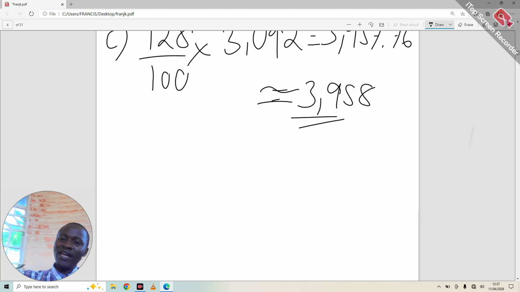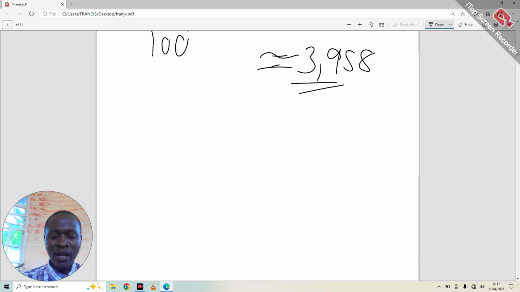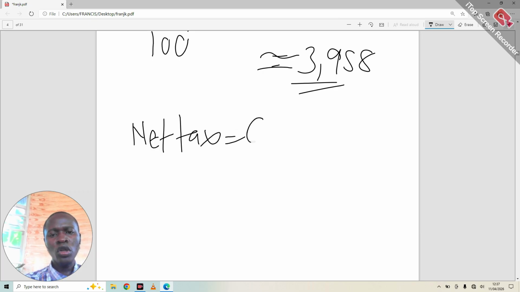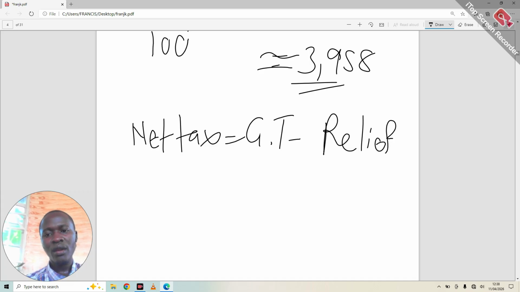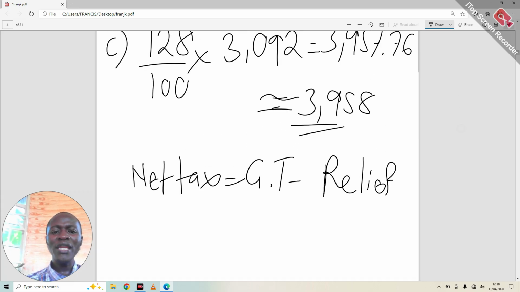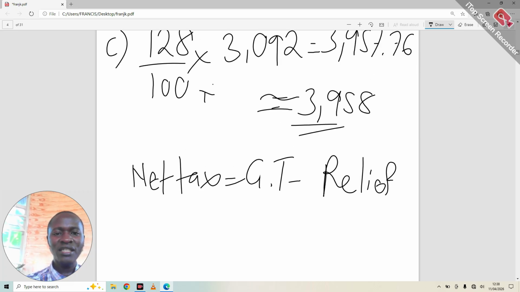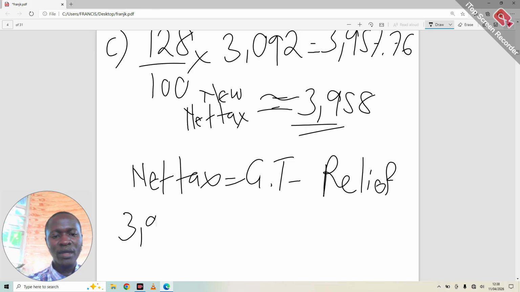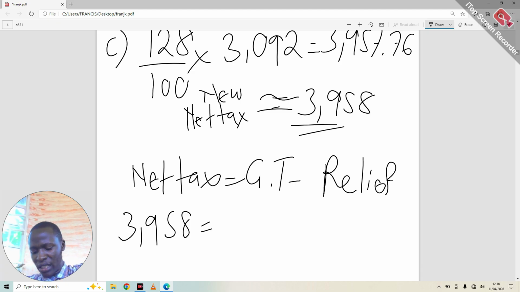All right. Okay. So remember, we had our formula that net tax equals gross tax minus relief. So our new net tax is 3,958. But we don't know the gross tax in that particular year.